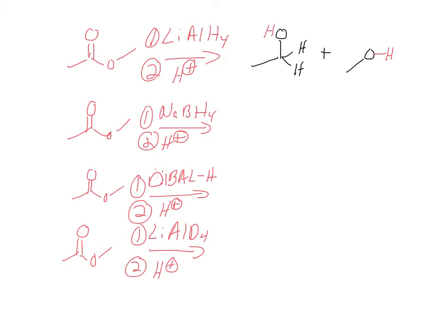So the black H's came from reagent 1. The red H's came from the H+ in the workup step. We okay there? The red are from the H+. Yep. These are the black H's. Let's draw them in. These are now black H's, or black deuteriums. So keep track.